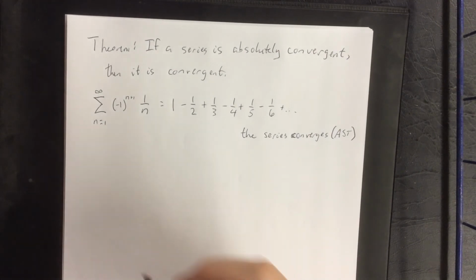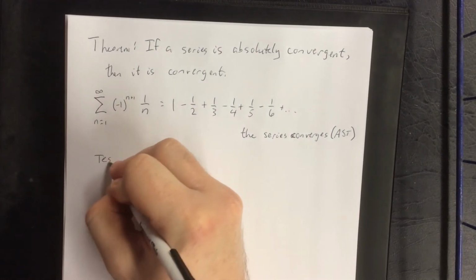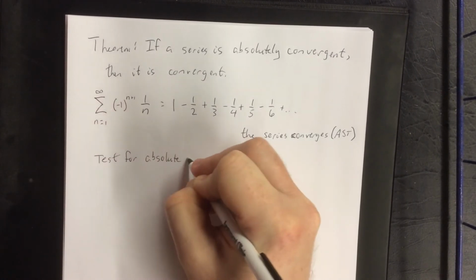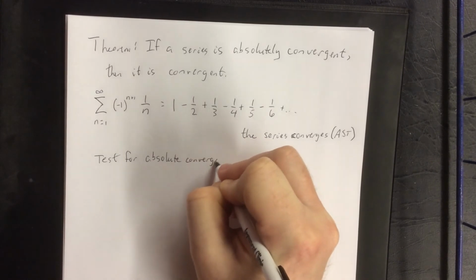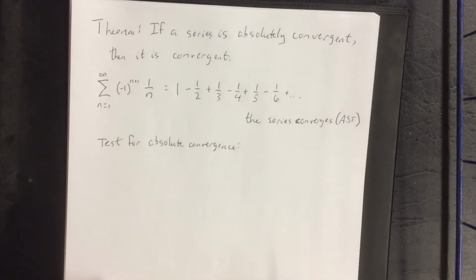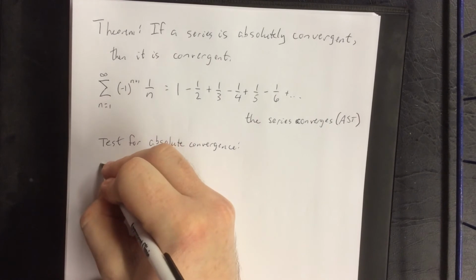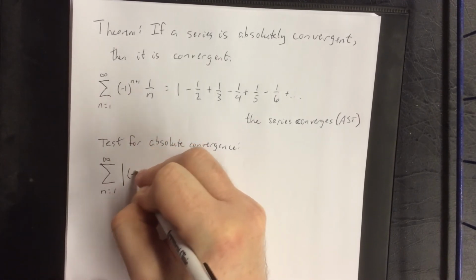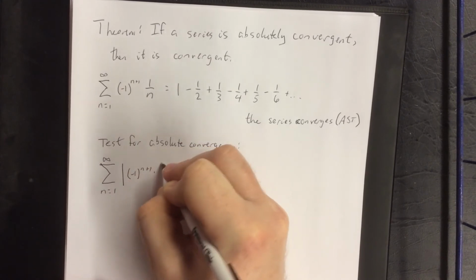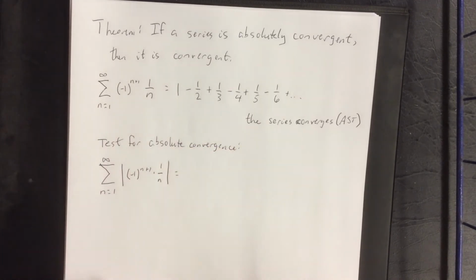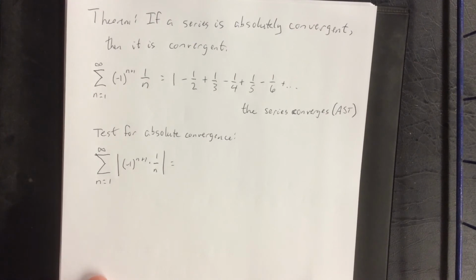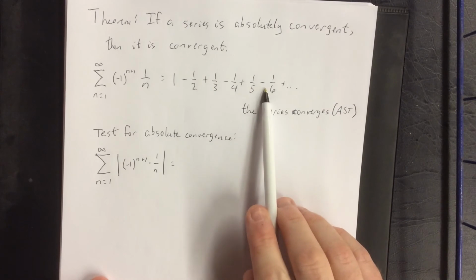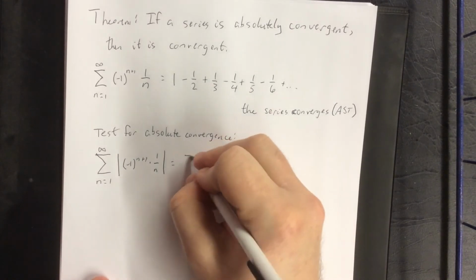However, if I apply the definition of absolute convergence, to test for absolute convergence, we would be taking the absolute value of every single one of these terms. Now, by taking the absolute value of every one of these terms, it's essentially saying that if there was an alternator in here, this will destroy the alternator.